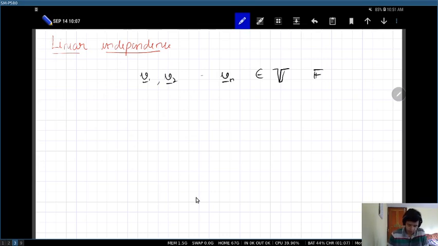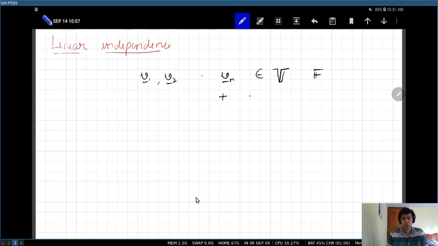Henceforth, just for ease of notation, I'll use plus and dot to indicate vector addition and scalar multiplication with the vector. I'll also use plus and dot to indicate the addition and multiplication within the field, just for convenience, because drawing a square is a little more complicated.